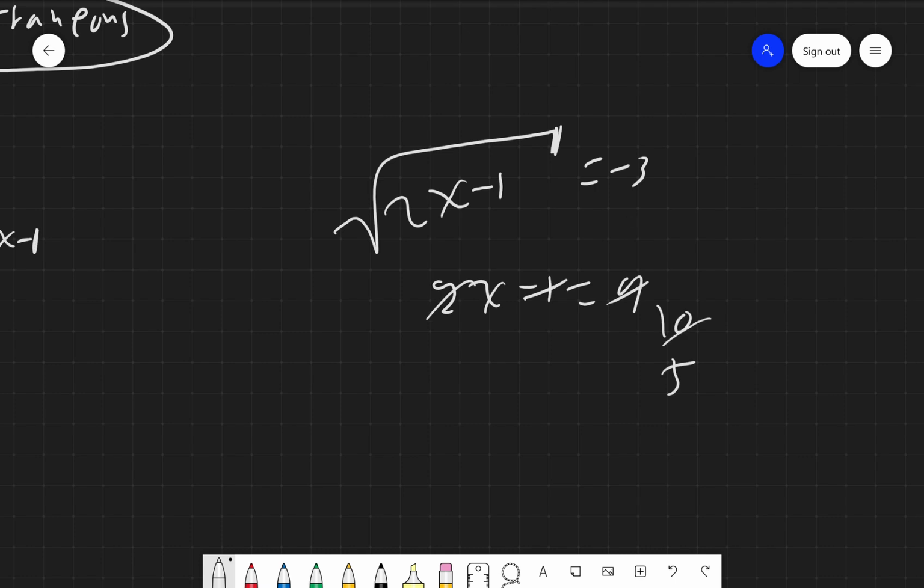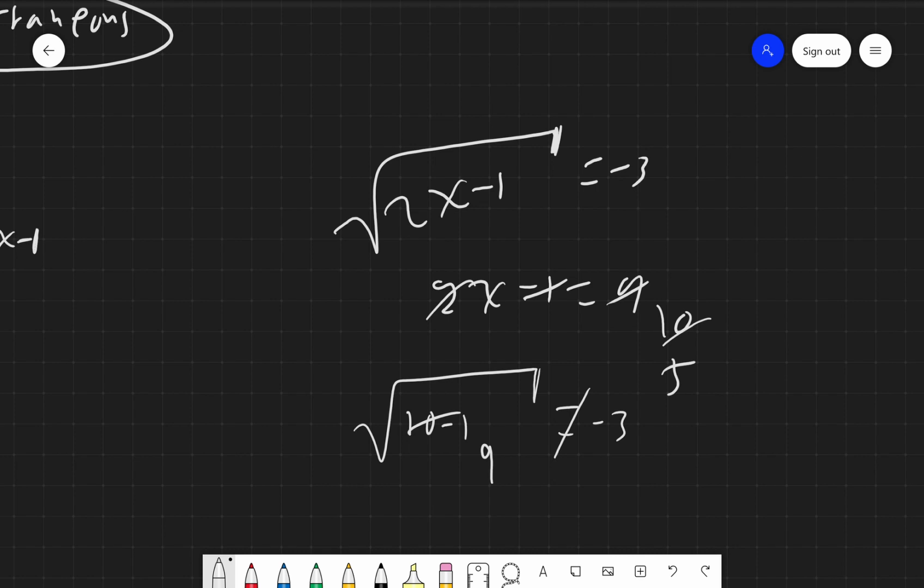Plug it in: the square root of 10 minus 1 is 9, which is not equal to negative 3. Oh well, looks like there are no solutions to this.